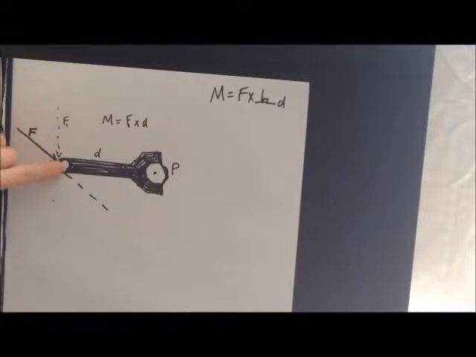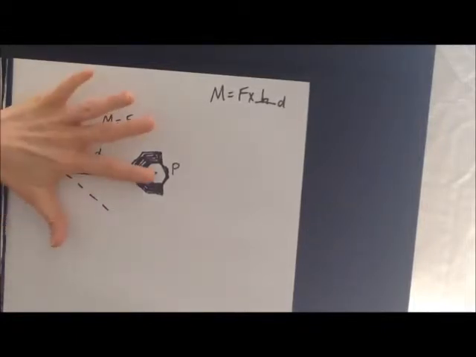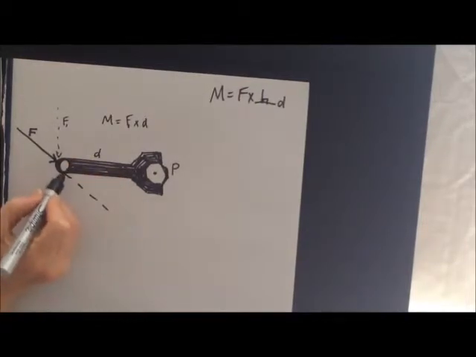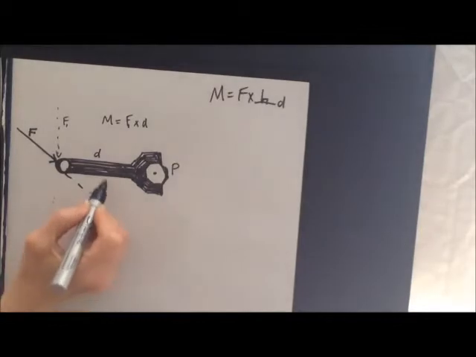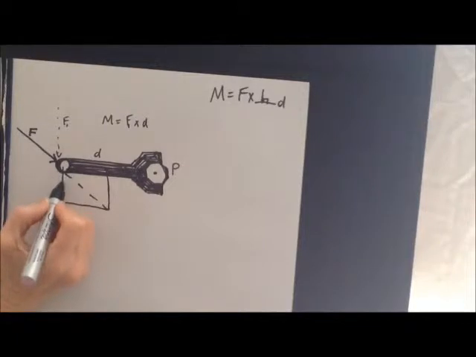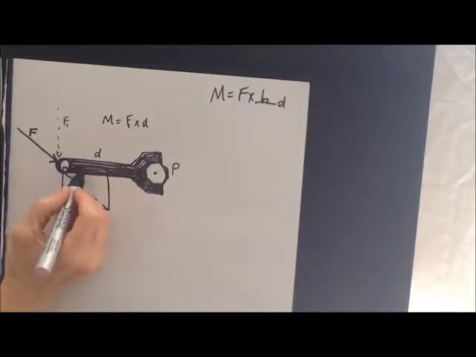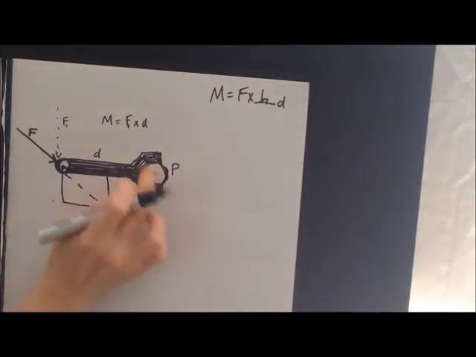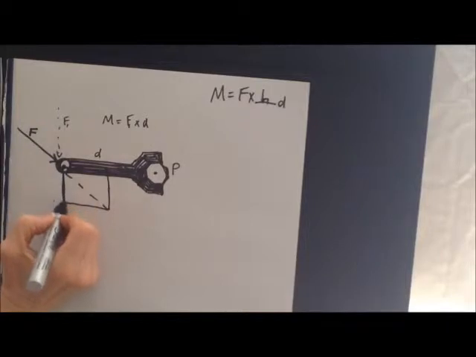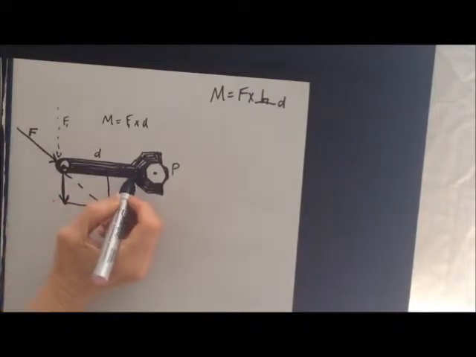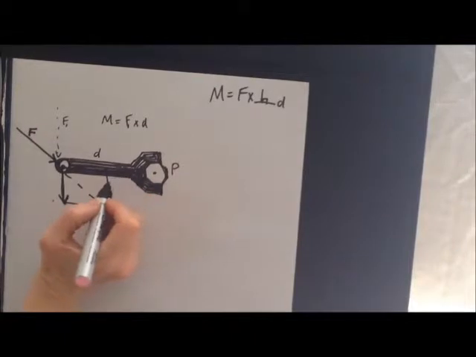We can work out from this point here the horizontal and the vertical components, by using this line of action of the force as the diagonal of a parallelogram that goes back to the place where you're calculating the moments. So we want to calculate the moment around point P. We have this perpendicular component of the force, times its distance, which is what we use to calculate the moment.